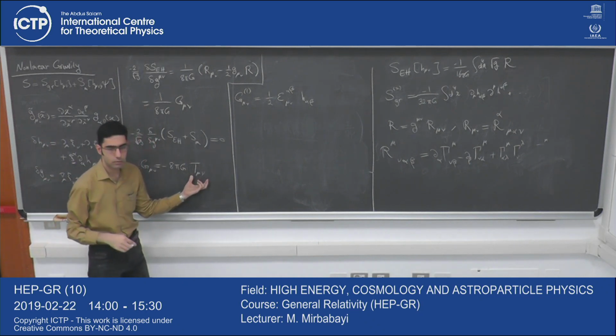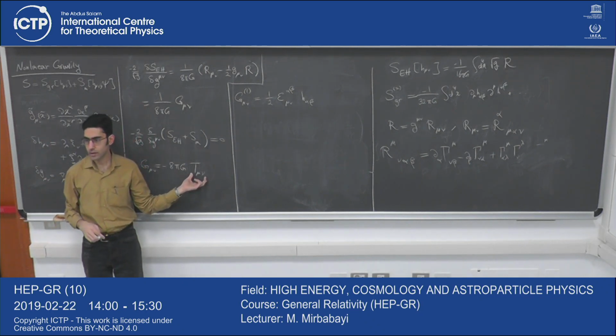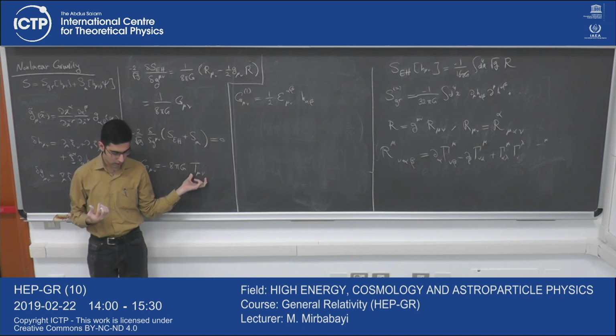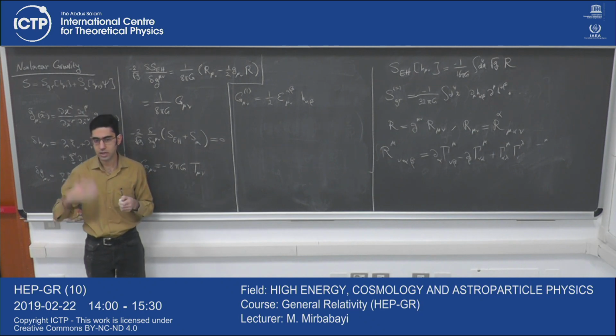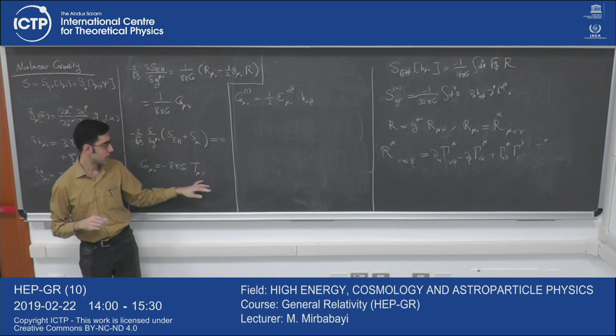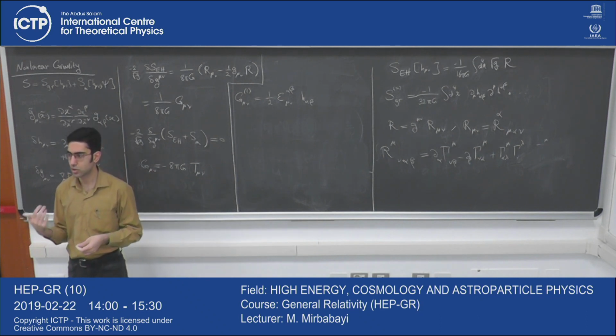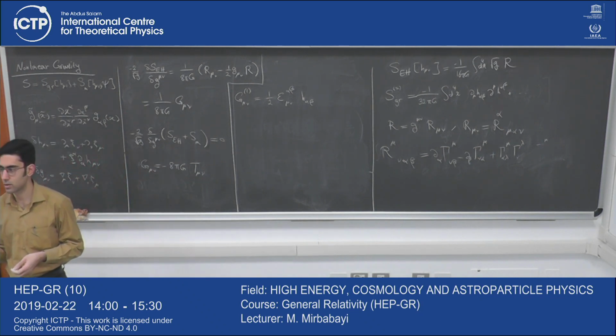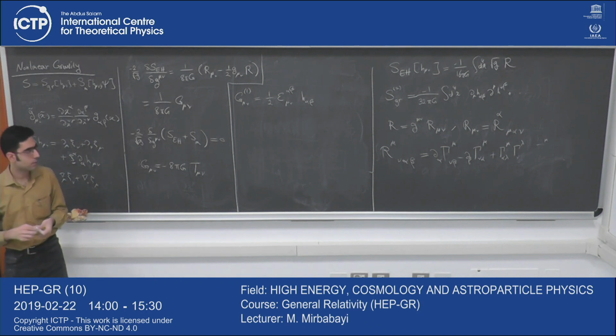And of course, this T mu nu that we have on the right hand side is something that depends on the matter field. Now, if I just set h mu nu to 0 on the right hand side, I will just get the energy momentum tensor of the matter field.